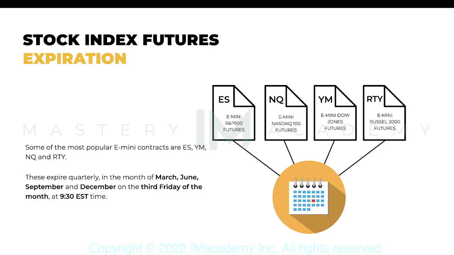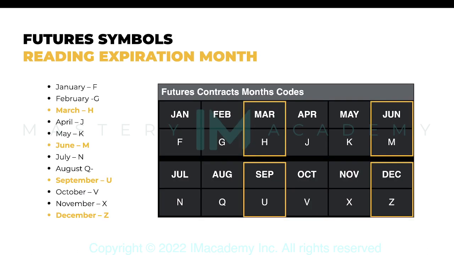Eastern Standard Time. In one of the first classes, we learned how to read futures symbols. Knowing this, you also can choose the right contract to trade, because as you remember, one of the parts of a futures symbol tells you the month of expiration of this particular futures contract.